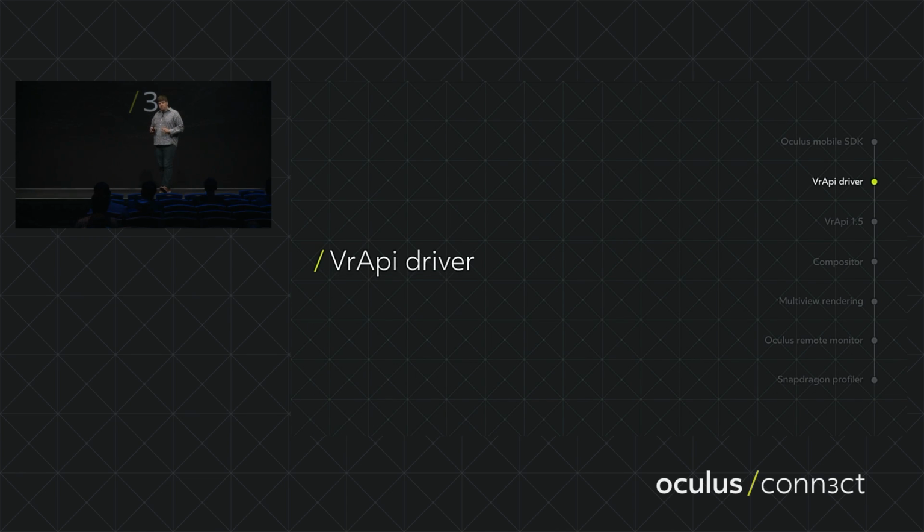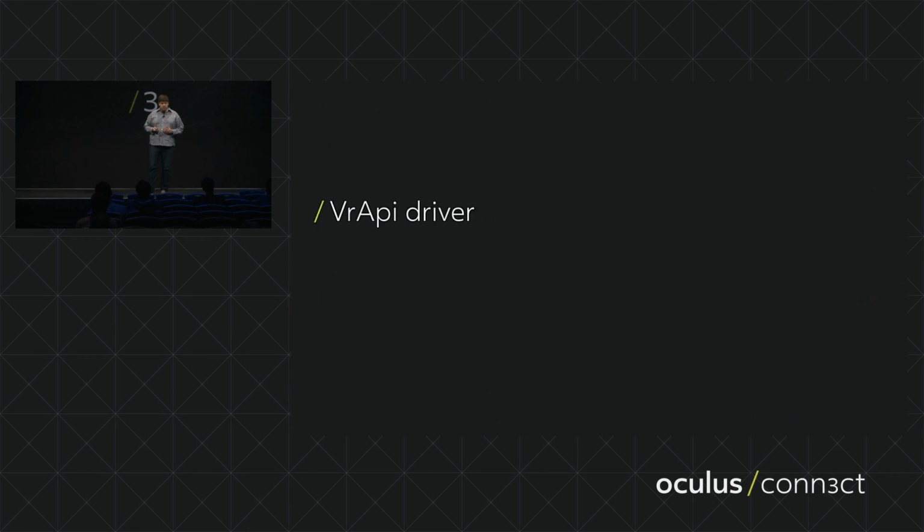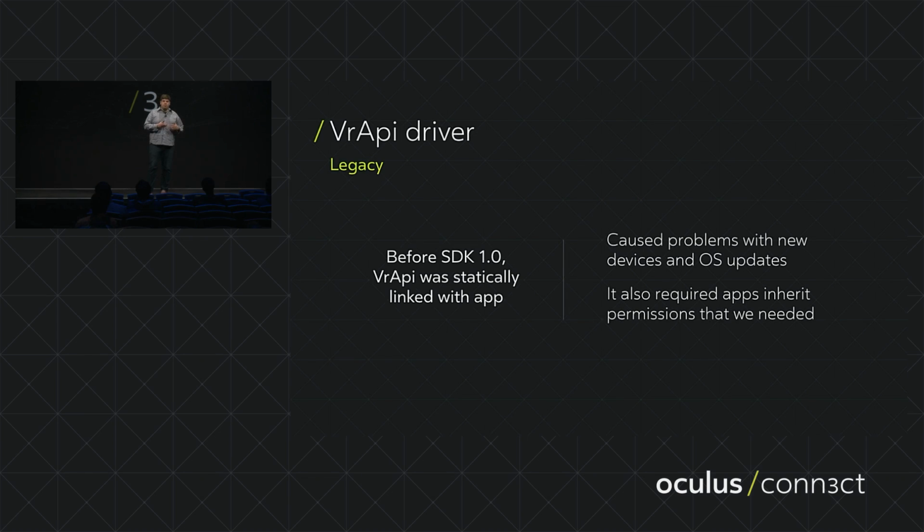The next big thing that we've done over the last year, which got released about a year ago with not much fanfare with 1.0, is the VrApi driver model. This is something we did to help ensure forward compatibility with new hardware and new OS updates that came along. The issue was, prior to 1.0, VrApi was basically statically linked with your application.